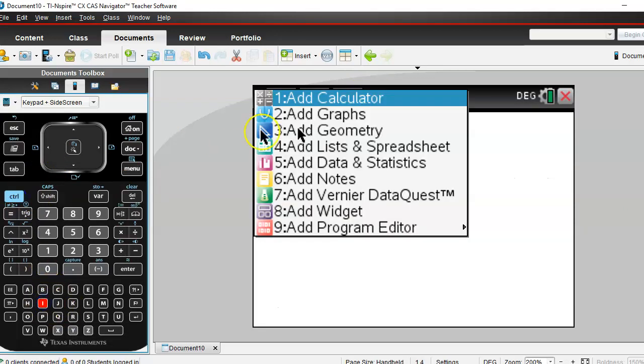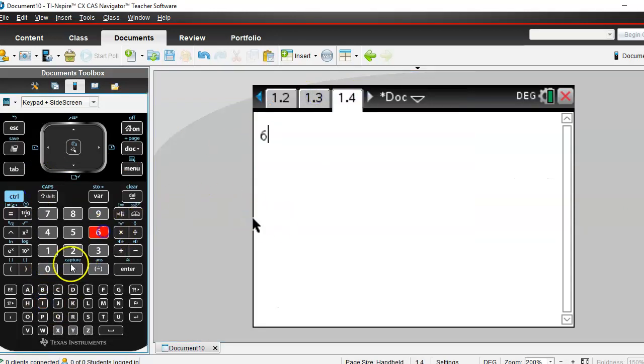Just start it up again. So 60,000 times by 0.08 is, sorry, $4,800.